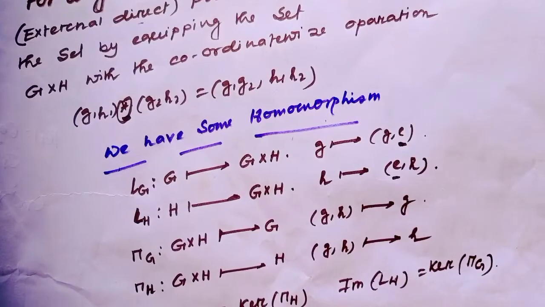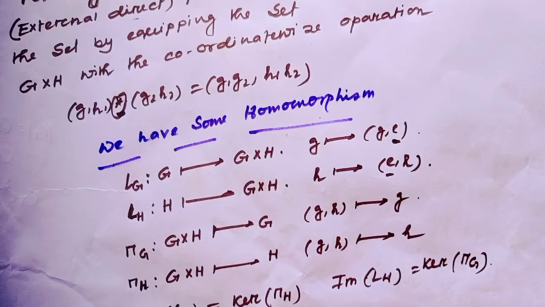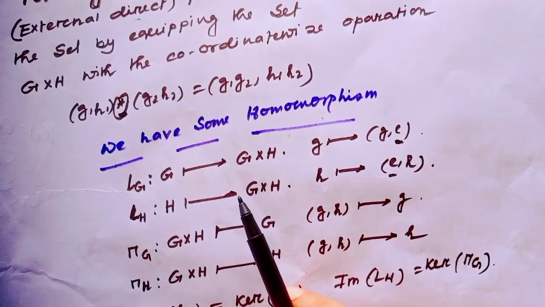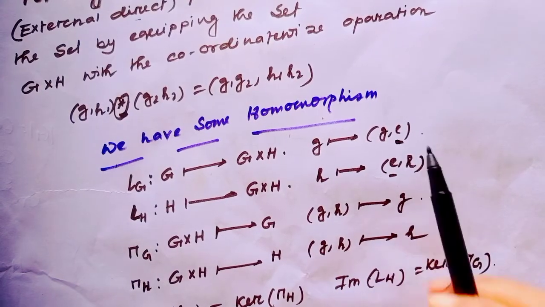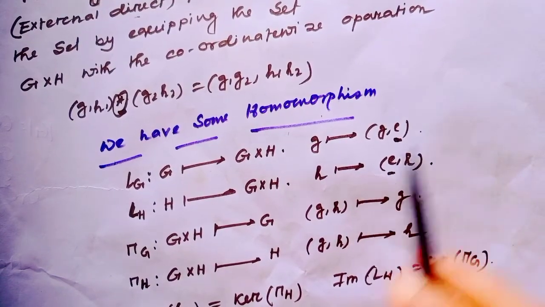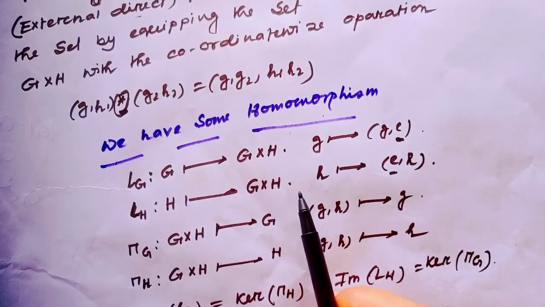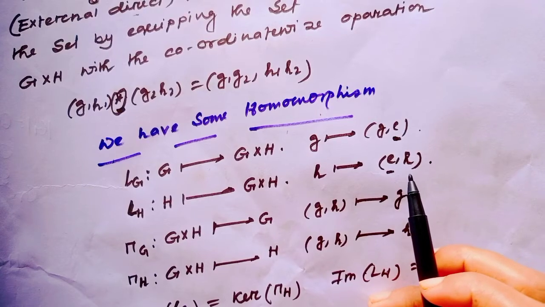Here we have some homomorphisms, and I defined these homomorphisms in my earlier video. The first mapping is the inclusion map iota G, where G maps to G direct product H. Here g sends to (g, e). The other map is iota H. Here H maps to G cross H, and h sends to (e, h).